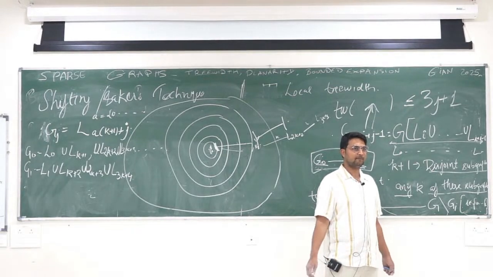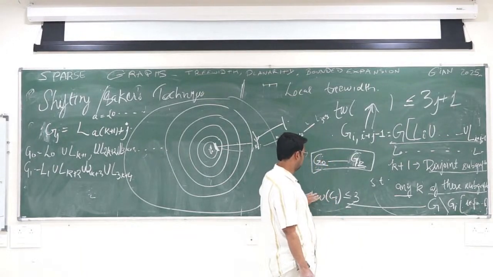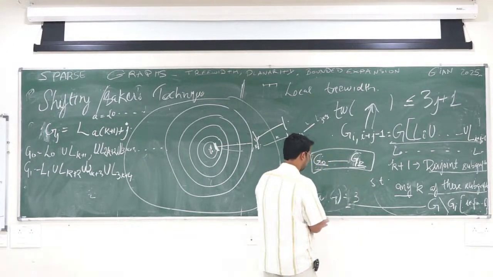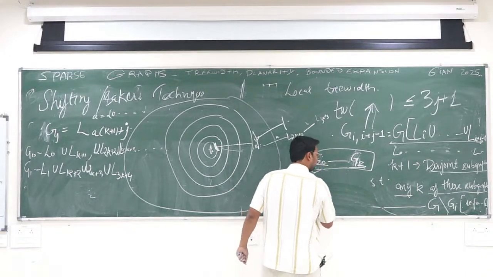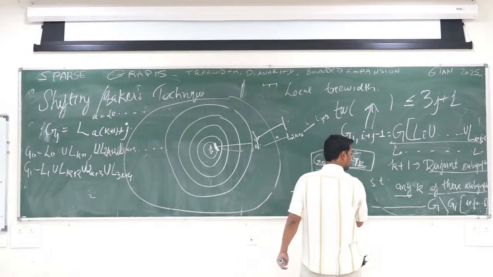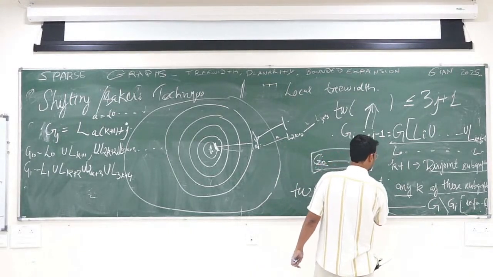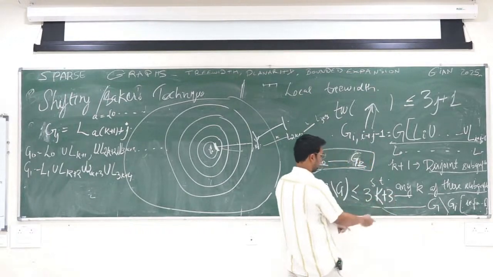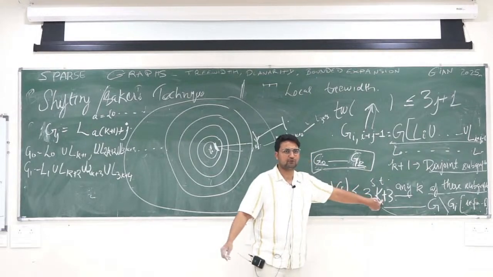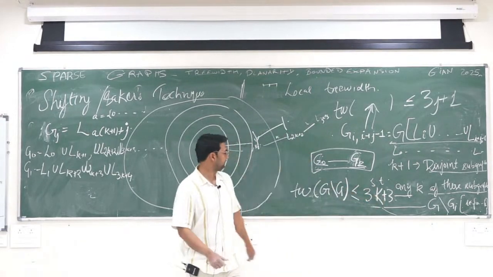And the treewidth of G minus Gi is less than or equal to 3k plus 3. I guess maybe because of the plus 1 there can be something hiding, but it's 3k plus 3.